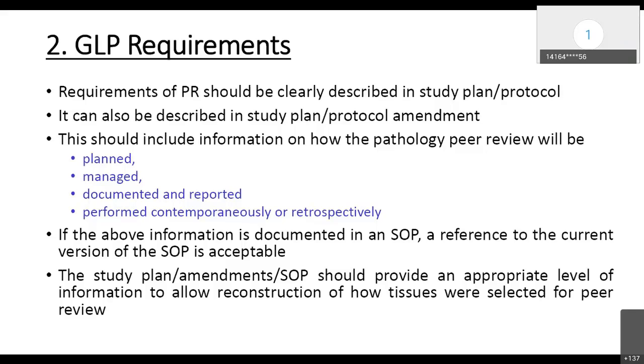Majority of the times, peer review is also done to confirm that the tissues showing changes are in concurrence with both the pathologists, that is the study pathologist as well as the peer review pathologist. Hence, in the study plan or in the SOP, you need to define how the tissues will be selected for peer review. I'm also going to talk about the SOPs for peer review in the coming slides. Next one, please.